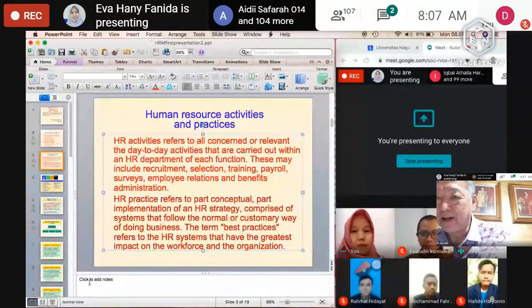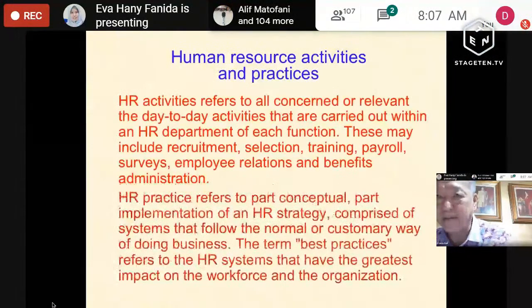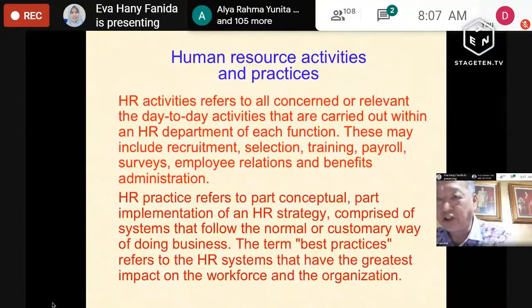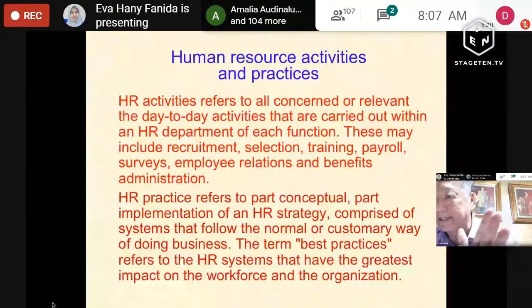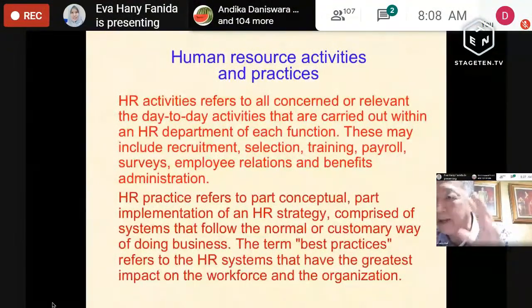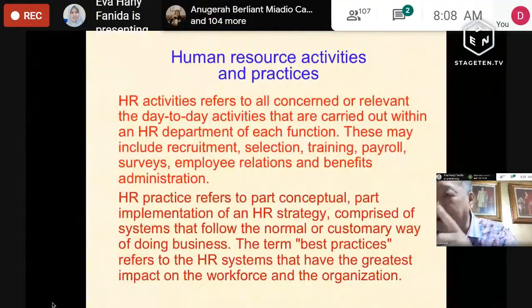Usually, we might have heard about best practice. That's right, best practice. And also, you know that we already use the word functions. And right now we are going to talk about activities and practice. So I try to explain the difference or some similarity among them. Anyway, first of all, when I talk about functions, you might learn one more word: responsibility.